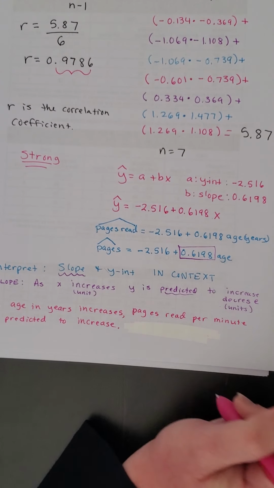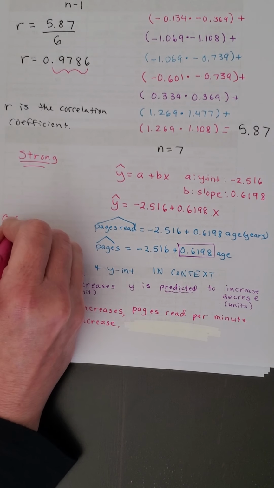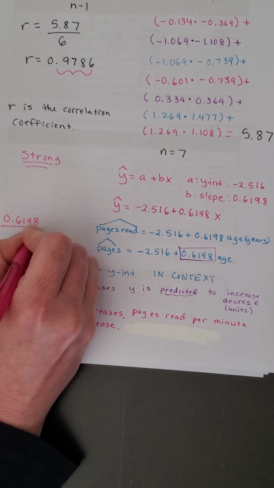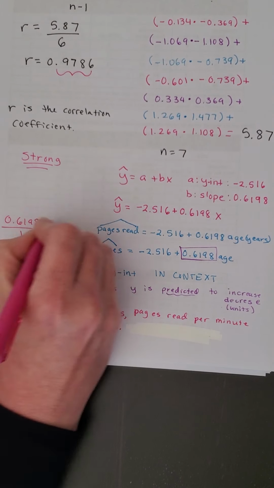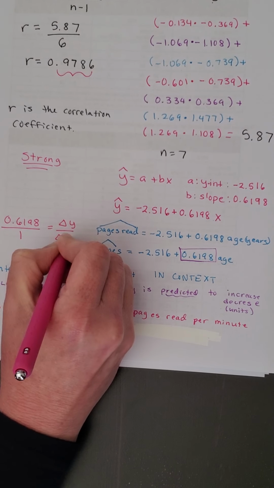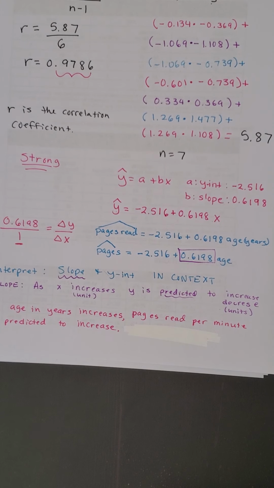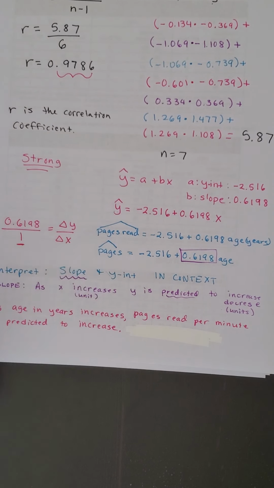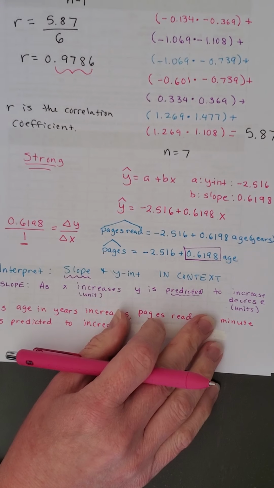All right, so when we interpret our slope, let me go back to the slope right here. It's 0.6198 over 1. And remember, these are our change in y over our change in x. So for every 1 year increase in x, y is predicted to increase by 0.6198.